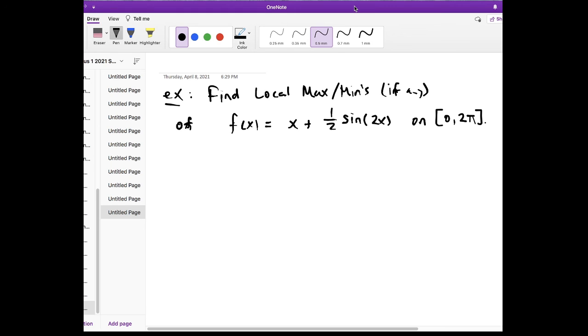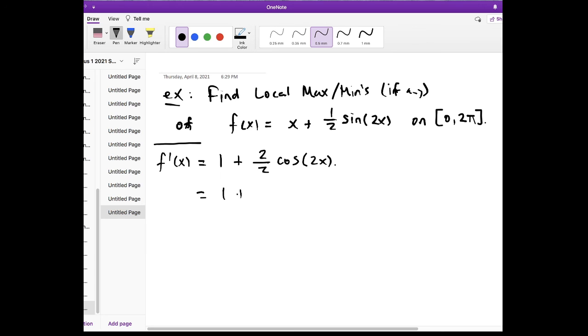All right, someone tell me what's the first step to find a local max and min? What do you do first? Yes, find the derivative. So notice that our steps for finding local max and min aren't too different from finding where it's increasing or decreasing. So what is the derivative? It's 1 plus, and here we have 2 over 2 cosine of 2x.